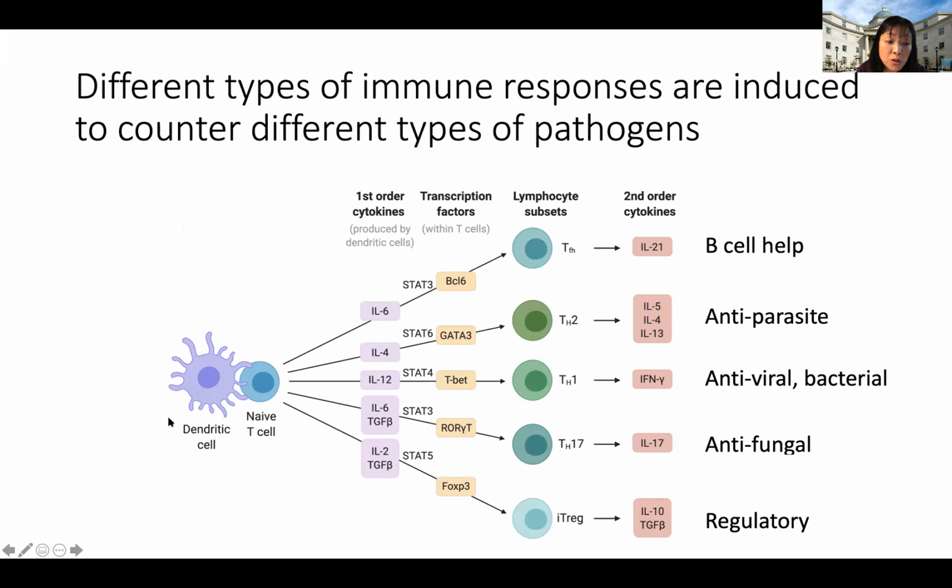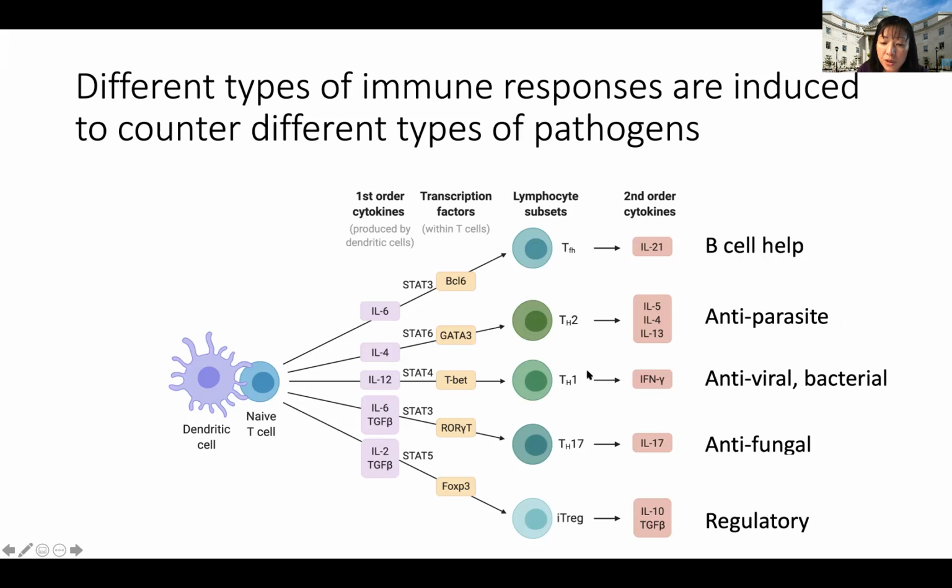As I mentioned, dendritic cells are a key cell type that educate lymphocytes, such as T cells, to become different types of effector cells. These naive T cells can either turn into T follicular helper cells that help B cells secrete antibody. They can also become Th2 cells, which are good for fighting parasite infections.